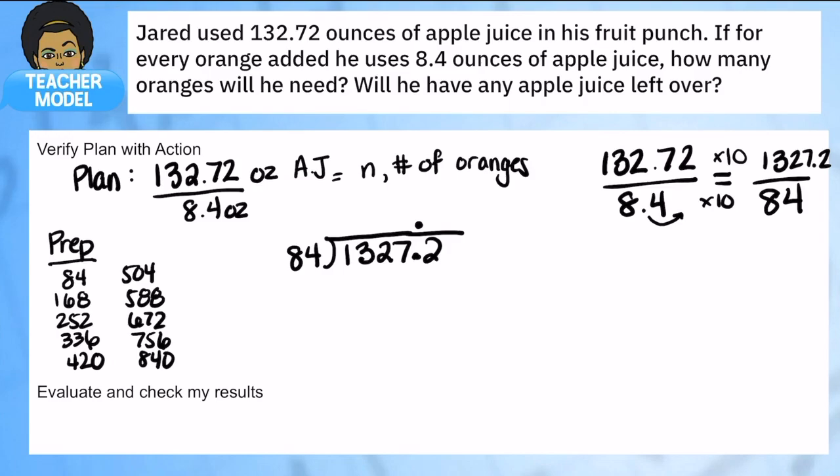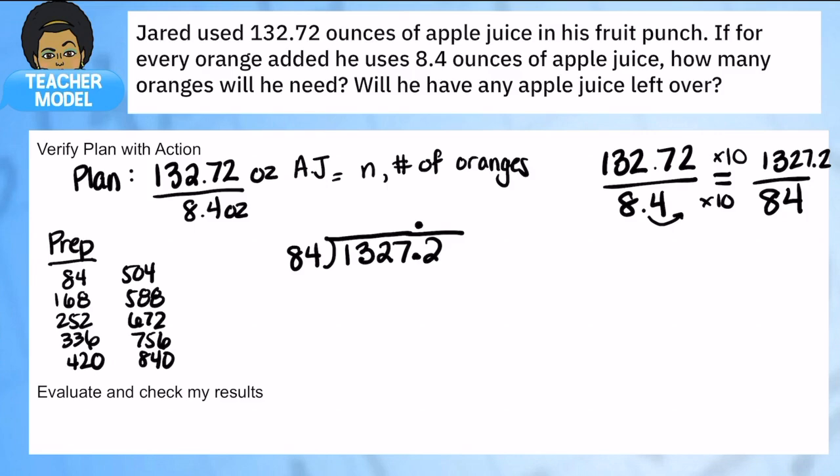It's a very simple place where kids sometimes make place value errors. And we're going to do our divide, multiply, subtract, bring it down. Another thing you're noticing on this page is that I've already prepped and put in my multiples of 84 because I don't know the 84 times tables by heart. And this way I don't have to think in the moment. I can just use my list when I have to divide and multiply. So there you have it. Now I'm ready and good to go.